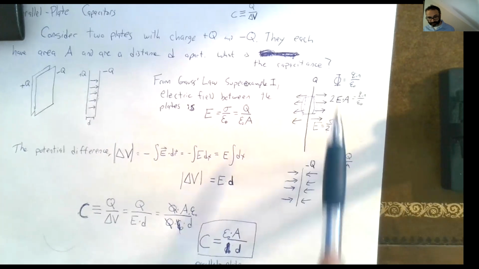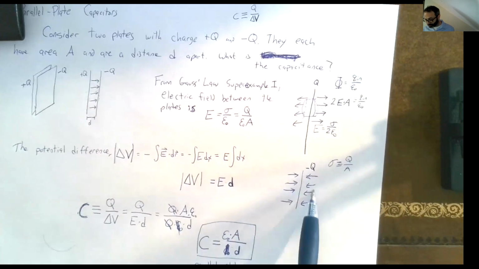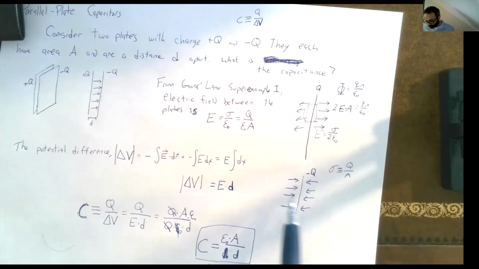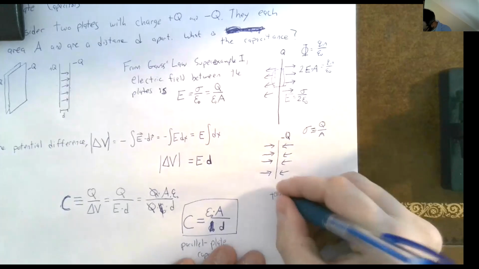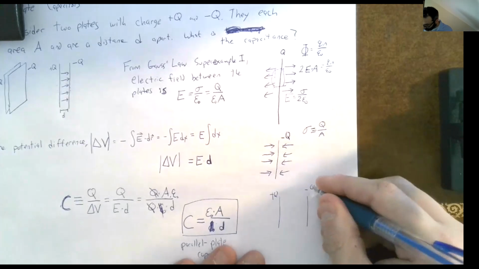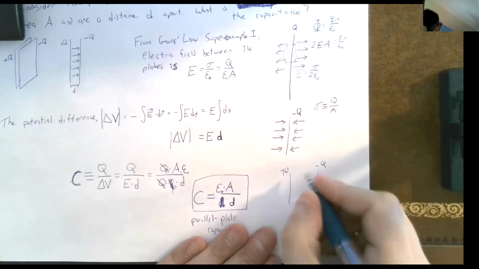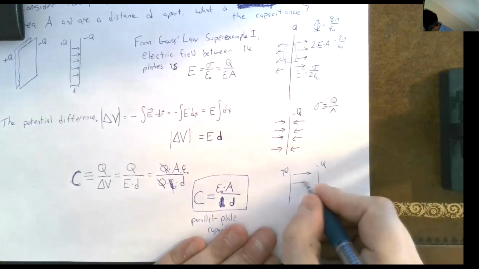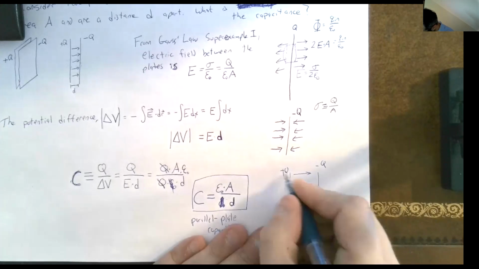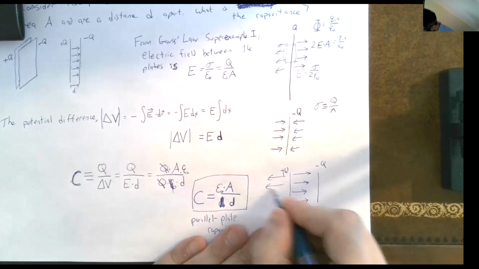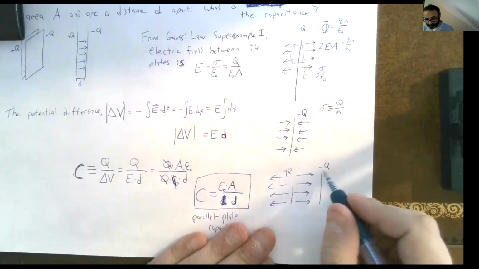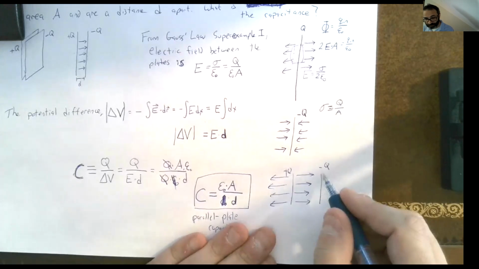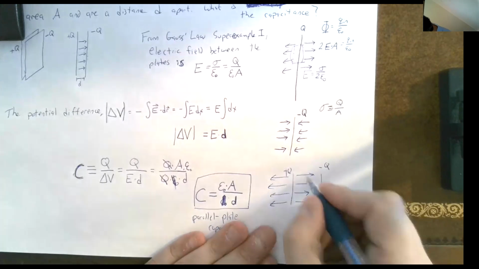From a minus Q plate, on both sides the electric field points towards the minus Q plate. So if you have two plates next to each other, plus Q and minus Q, from the positive Q plate the electric field lines point away, and from the negative Q plate the electric field lines on both sides point towards it. So like this.